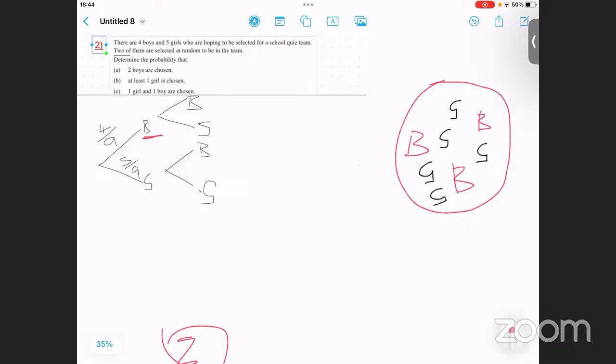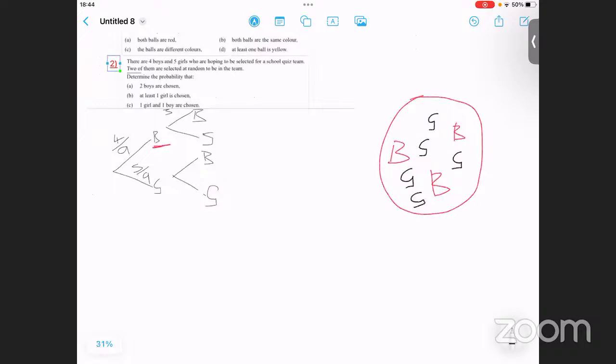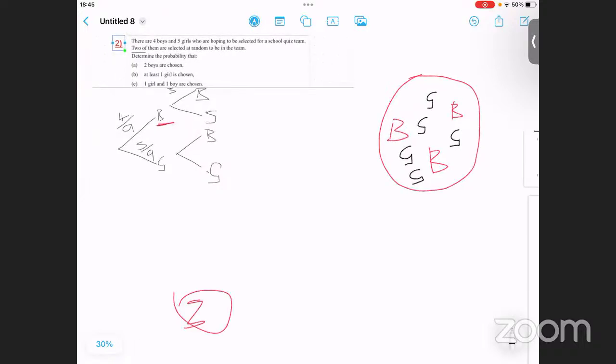How many? 3, ma'am. 3, ne? 3 out of how many learners who are hoping to be selected? What is the total number of the learners who are hoping to be selected now? 8, ma'am.